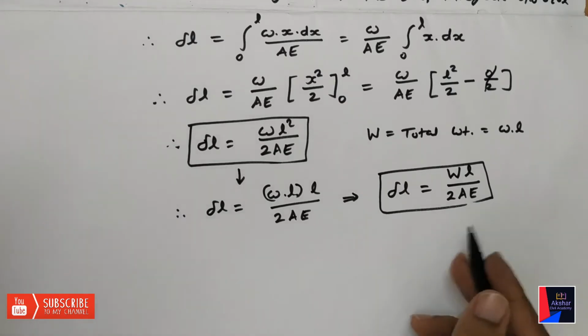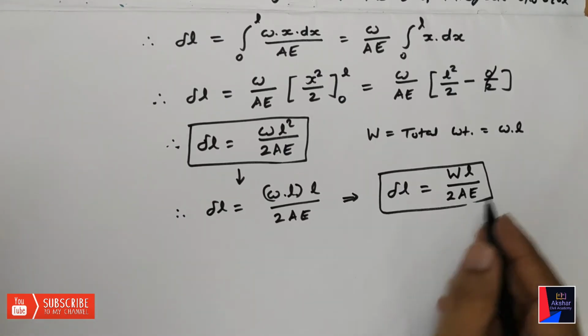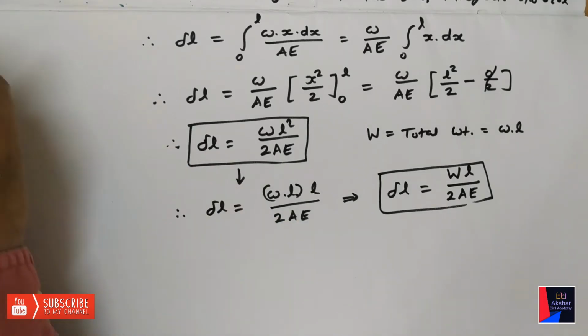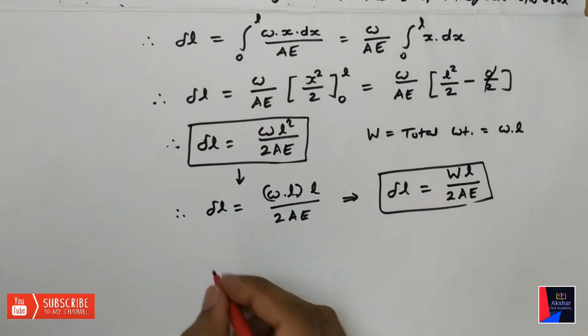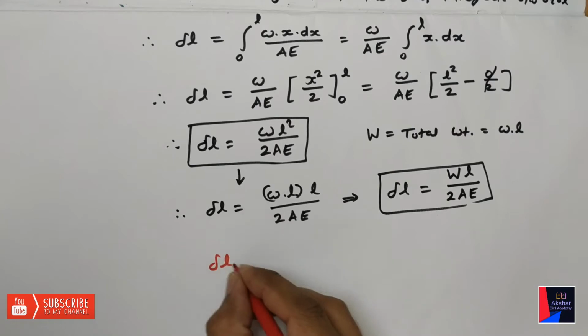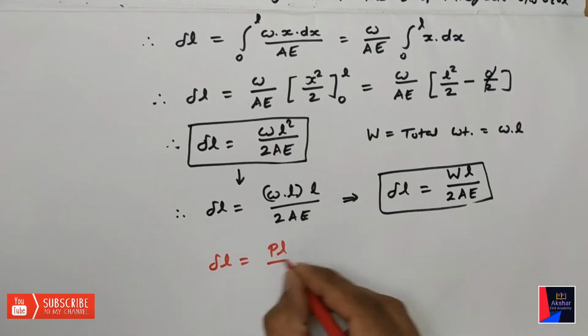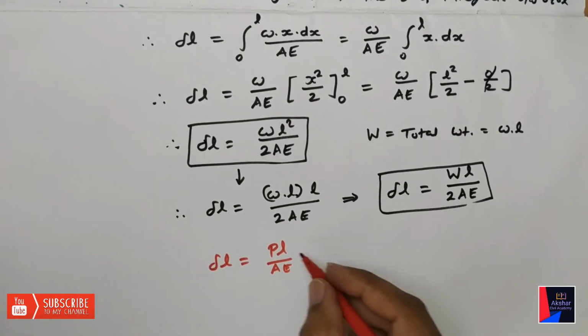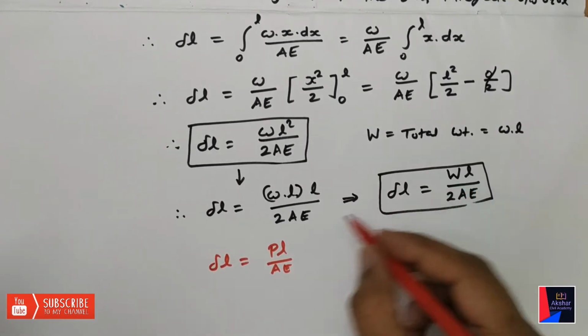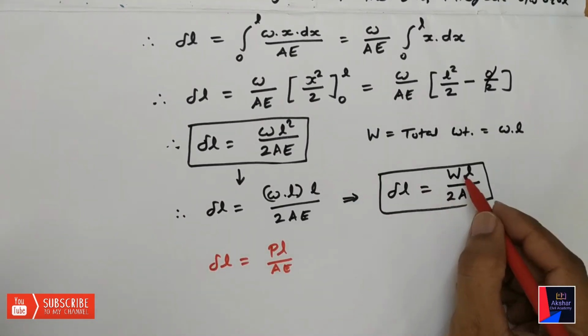Now, as we know, the equation of deformation is del L equal to PL upon AE. Here P is the load and in the other case it is the weight.